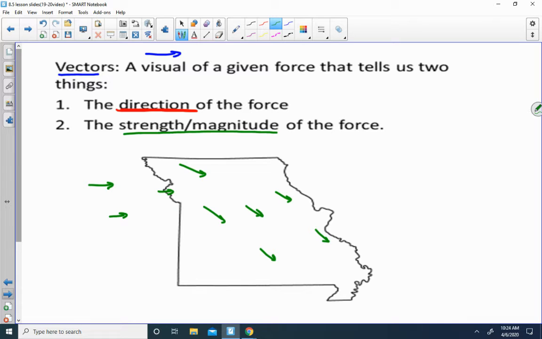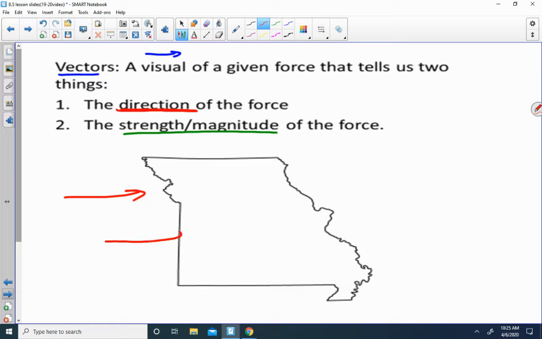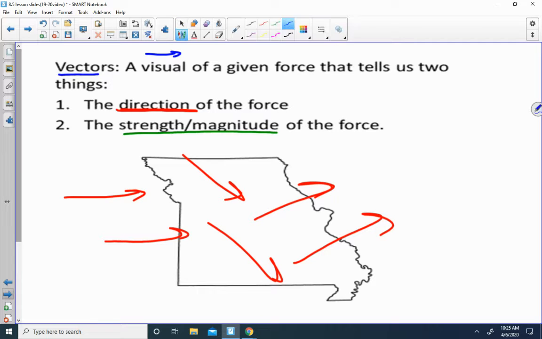If you had smaller arrows, you would probably think, okay, this is a weaker force because the arrows are smaller. But of course, bigger arrows, or longer arrows, would tell you the exact opposite, meaning that this would be a stronger force.